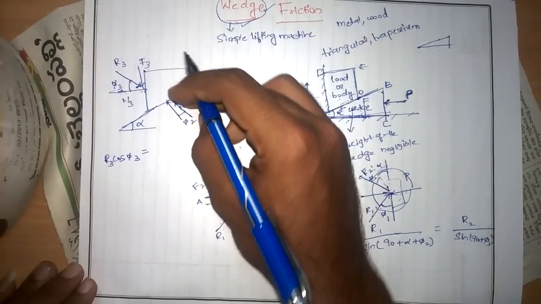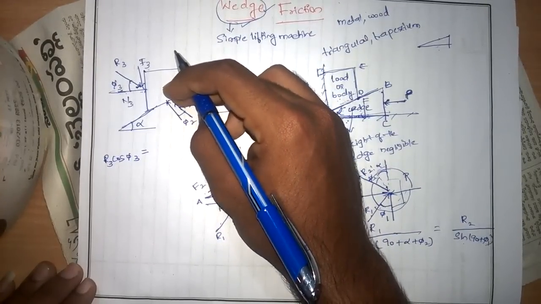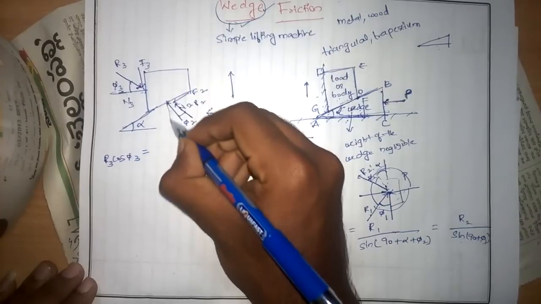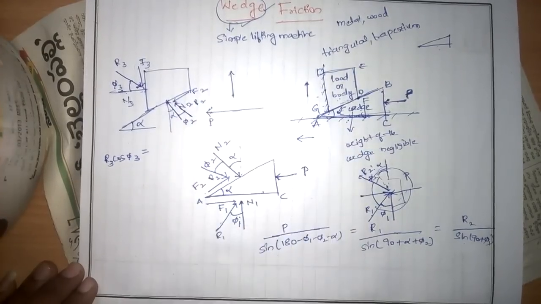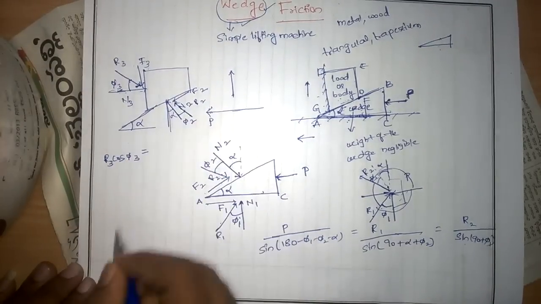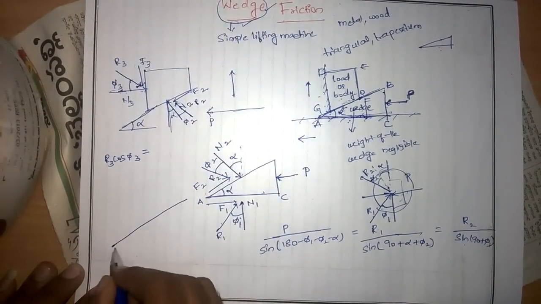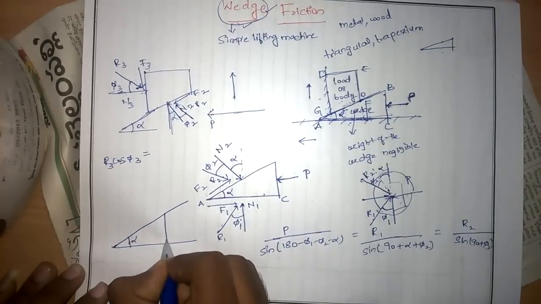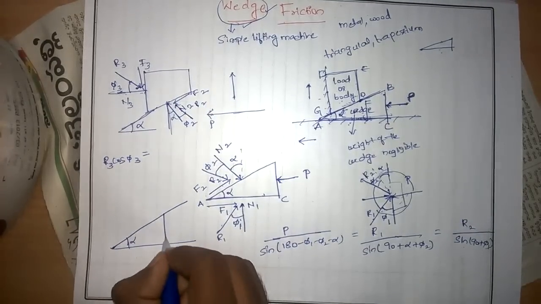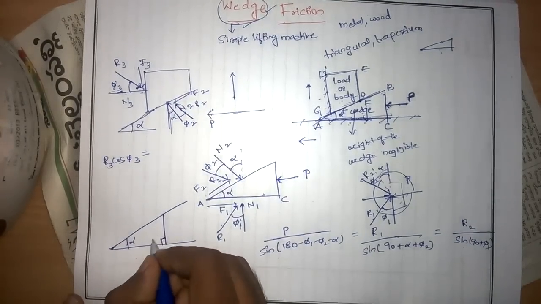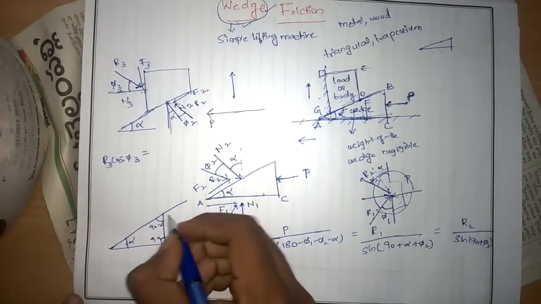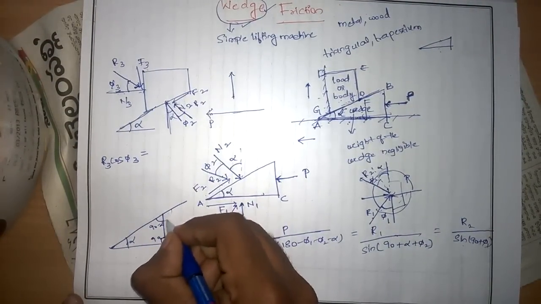About the x-axis and about the y-axis, if you see this angle, it is alpha. How is this angle alpha? To know that, if we consider the wedge, and I draw a normal here, it will be 90. This angle will be 90 minus alpha. This total angle should be 180.